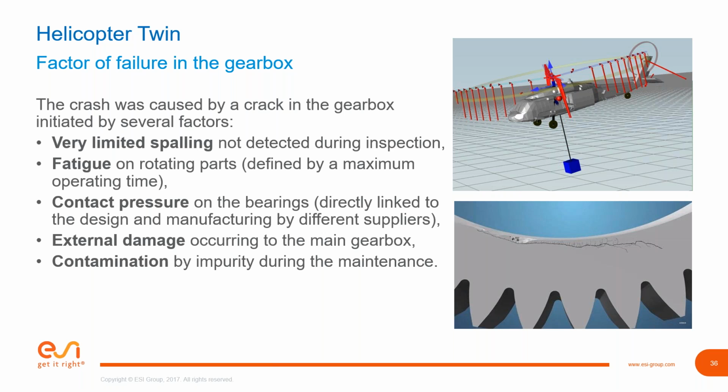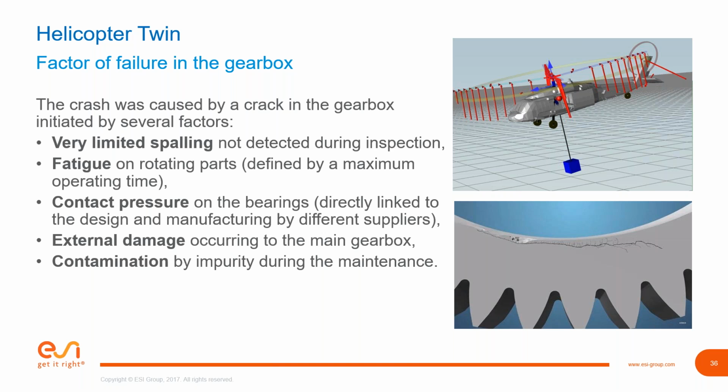There was one crash in, I think, 2016 of an Airbus helicopter. And tomorrow we'll be meeting the chairman of Airbus, and he had some concern about the way to predict and follow up on failures that might happen in the helicopter powertrain. In the powertrain, one of the very sensitive aspects is the gearbox.